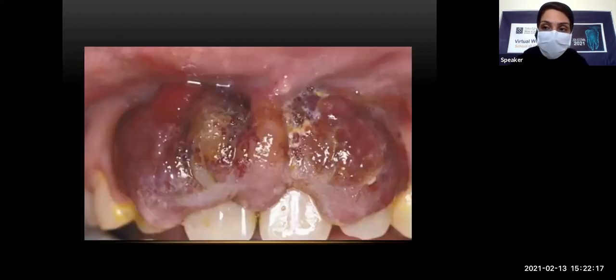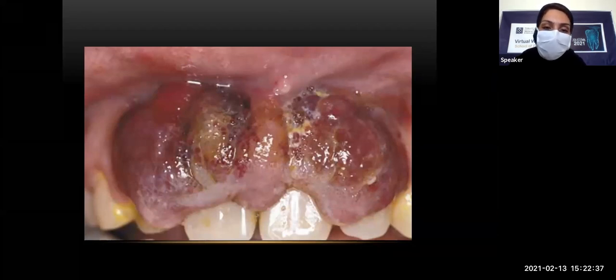Finally, in the last picture that I prepared for you in this presentation, I would like to mention some lesions that may be rare in the oral cavity, like the cases I reported.